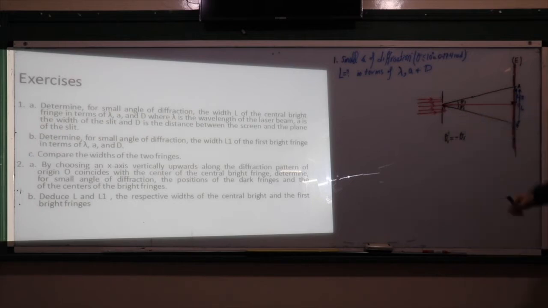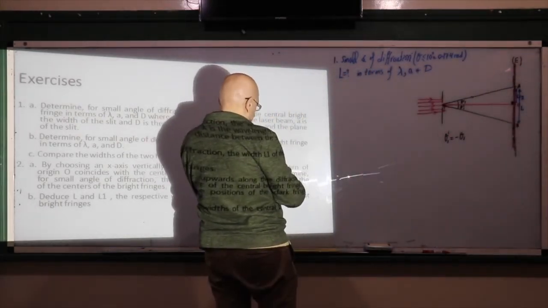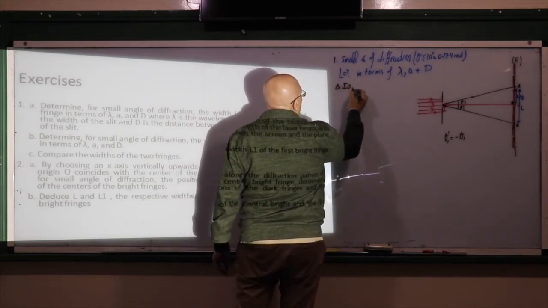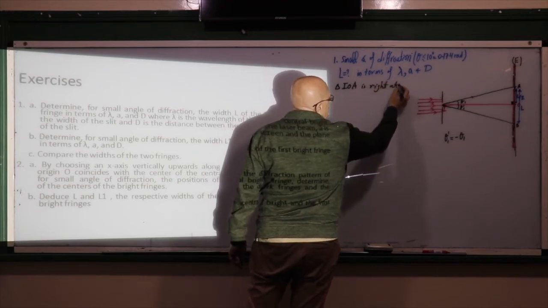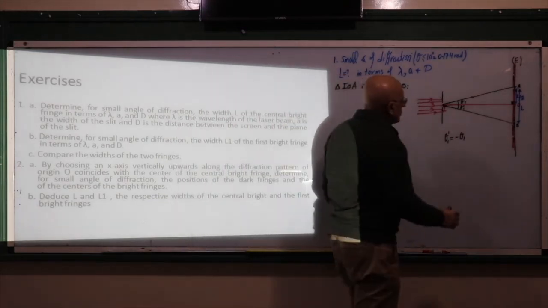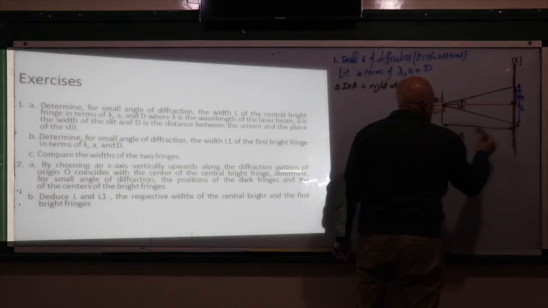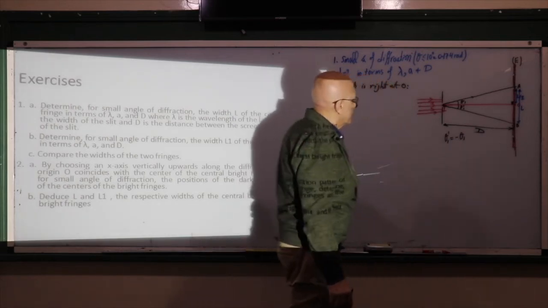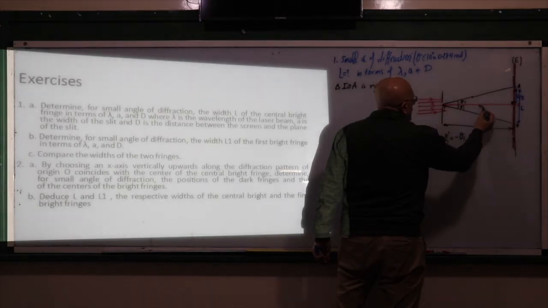So in triangle IOA, which is right at O, I can use the tangent. Don't forget that D is given here. It is the distance between the plane of the slit and the screen. So if this is D, then IO has length D.